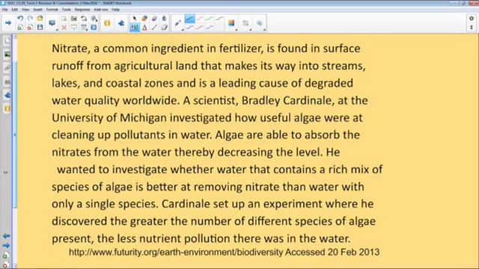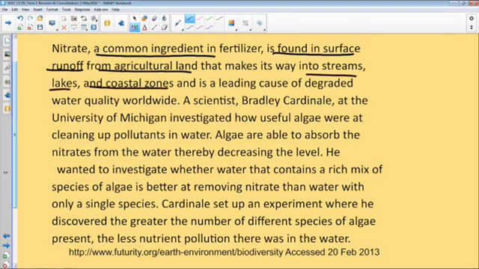Nitrate, a common ingredient in fertilizer, is found in surface runoff from agricultural land that makes its way into streams, lakes, coastal zone, and is leading to the cause of degraded water quality worldwide. And we see this throughout South Africa, we see it around the world.